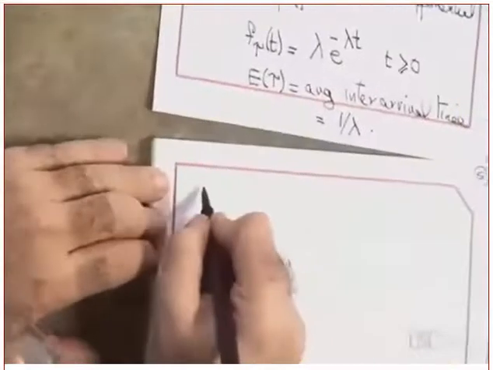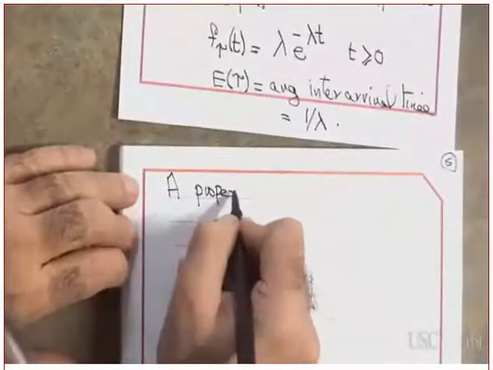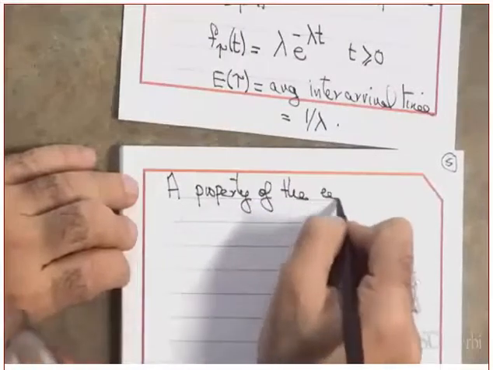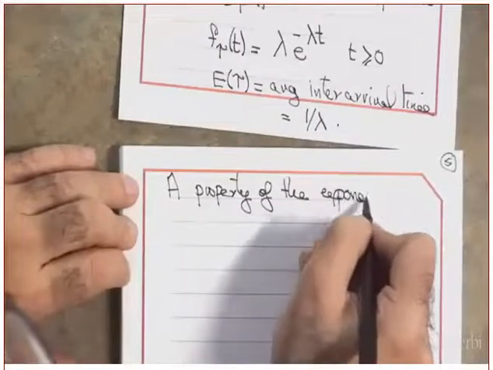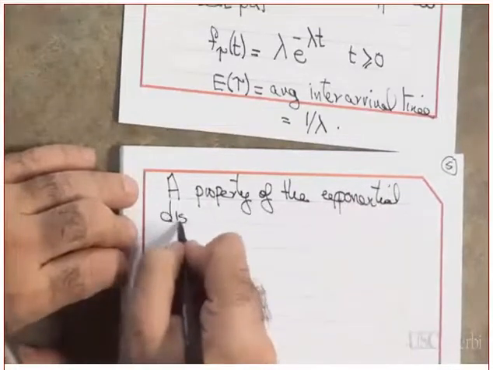What is the property of the exponential distribution?